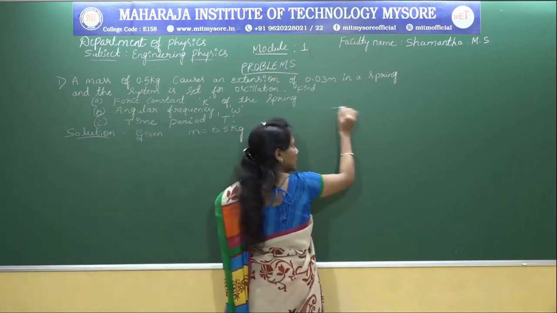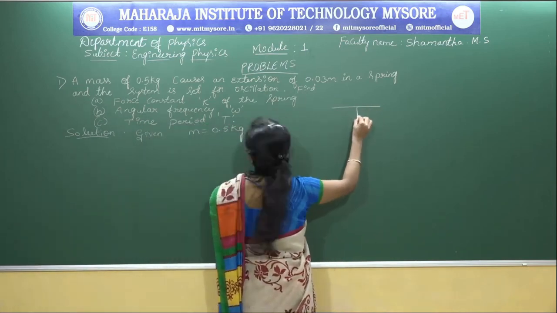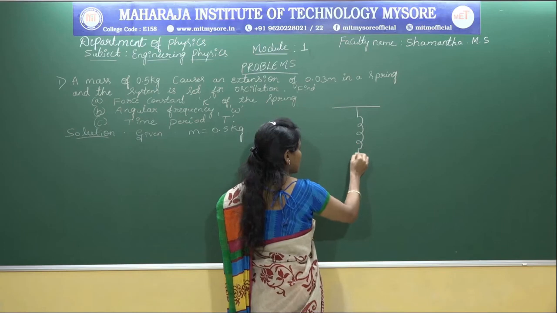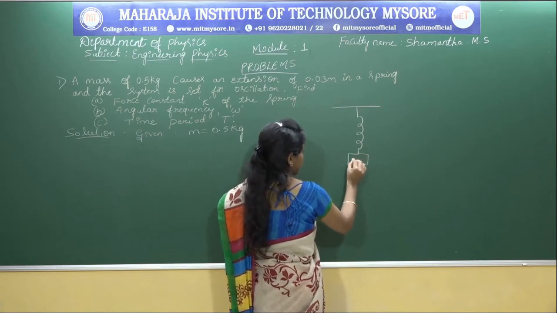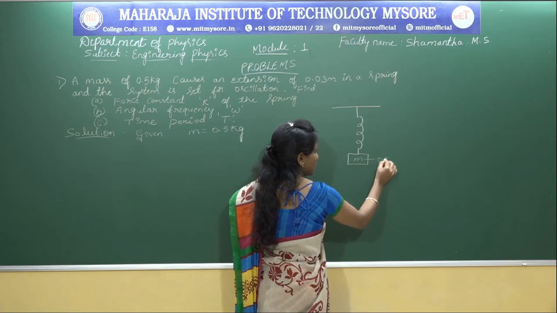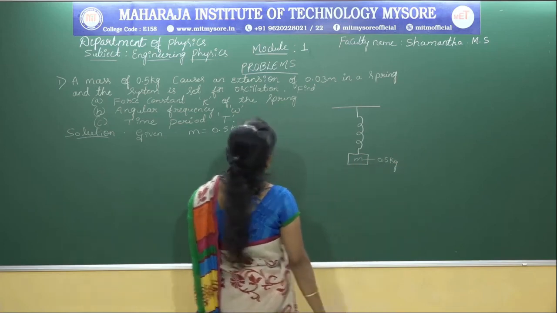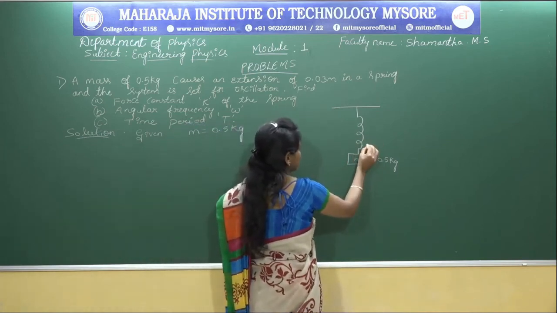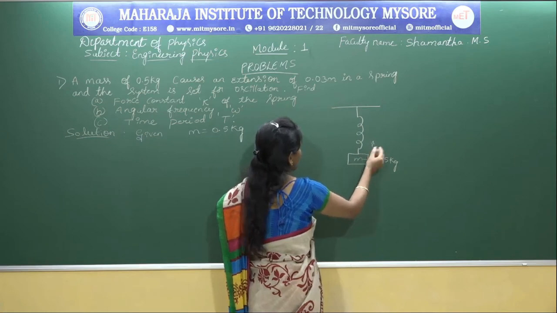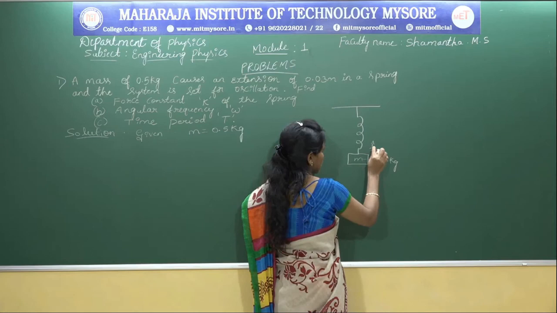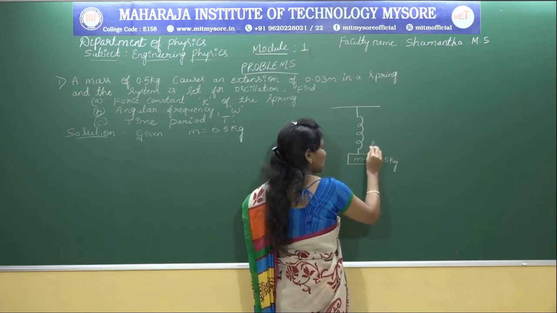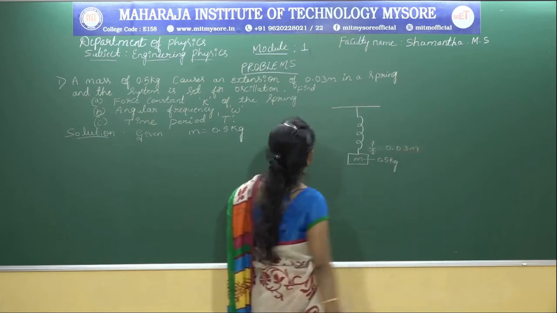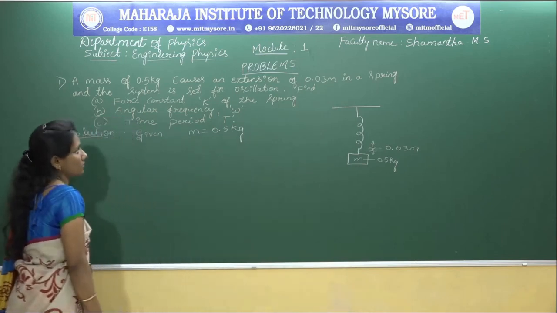If we show it in a diagram, a spring is attached to a mass of 0.5 kg, and due to that mass the spring has an extension of 0.03 meter, and the system is set for oscillation.